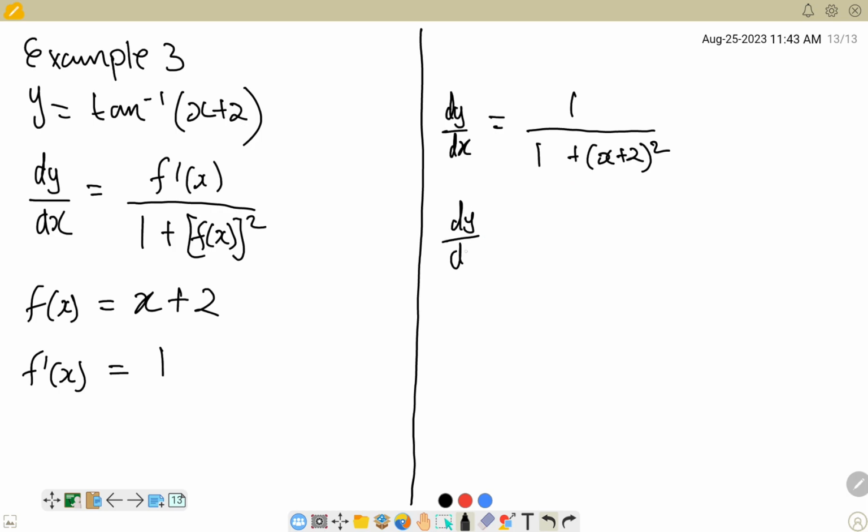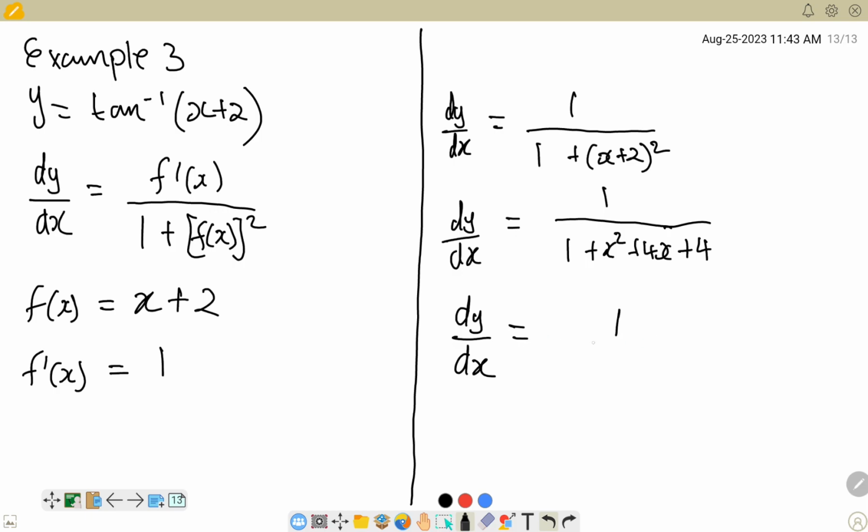We can simplify this, then it gives us 1 plus x squared plus 4x plus 4. Then we can simplify further by adding the like terms. We end up having x squared plus 4x plus 5.